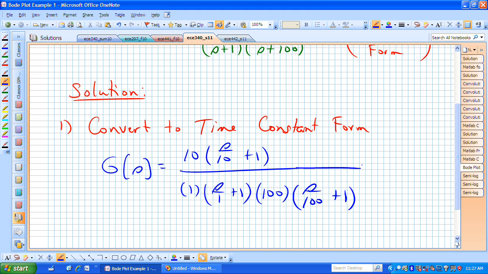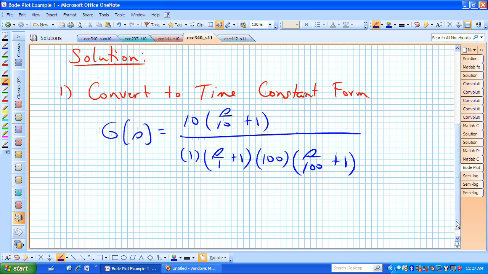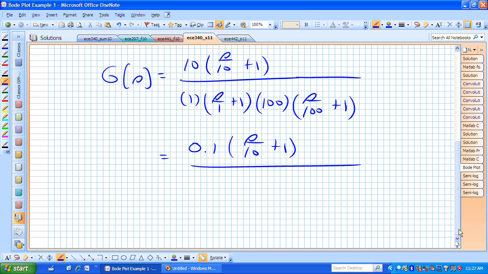We've now factored all of our constants to a format to set those equal to 1. We can now collect our constants out front. We have 0.1 times s over 10 plus 1, so we now have a zero at s equals minus 10. We have a pole at s equals minus 1, and we have another pole at s equals minus 100.